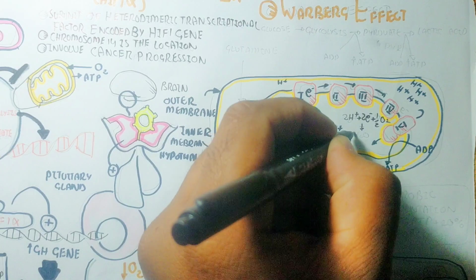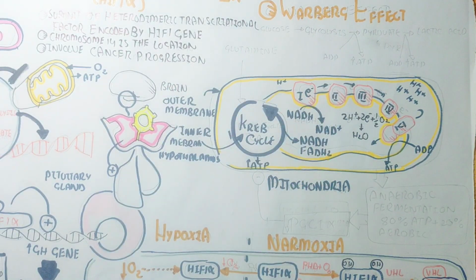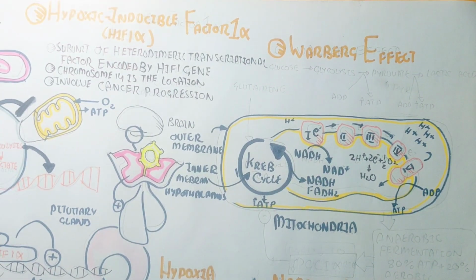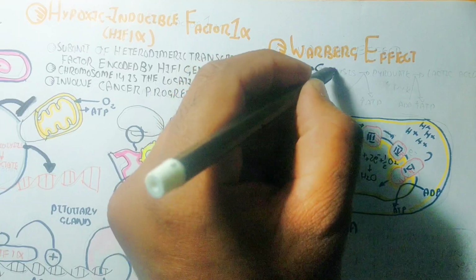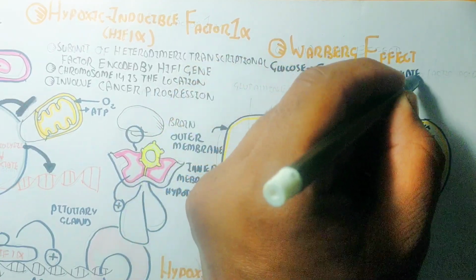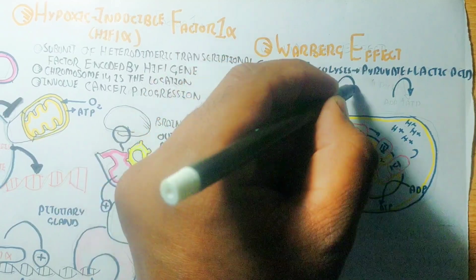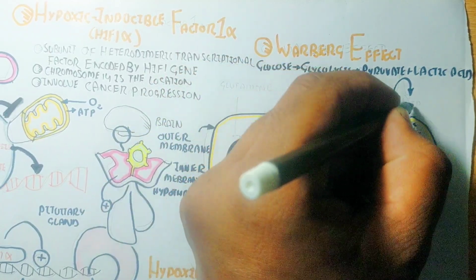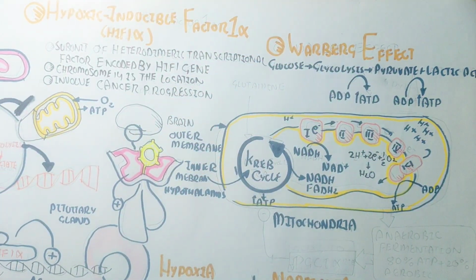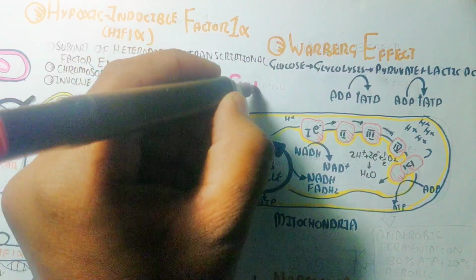Four protons, so the 2 protons and 2 electrons combine with half a molecule of oxygen to produce water, and in this way oxidative phosphorylation will produce 80% of ATP, and PGC1 alpha is activated more if HIF1 alpha is not activated.